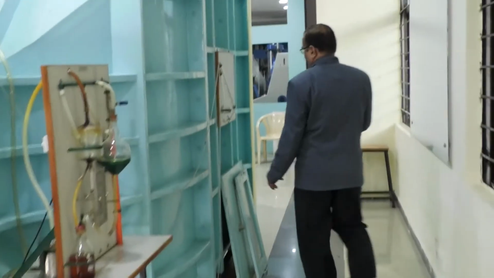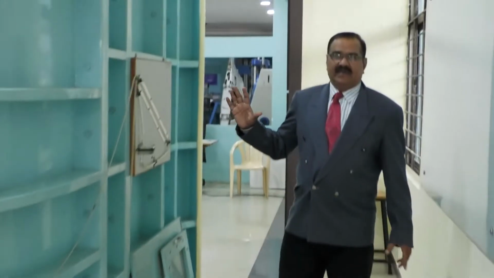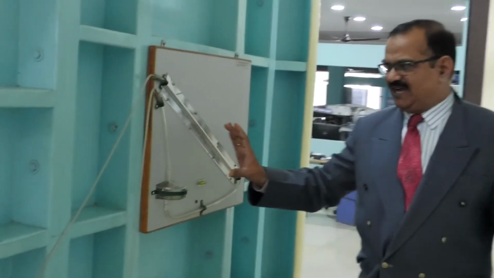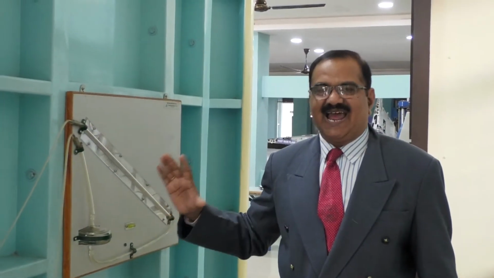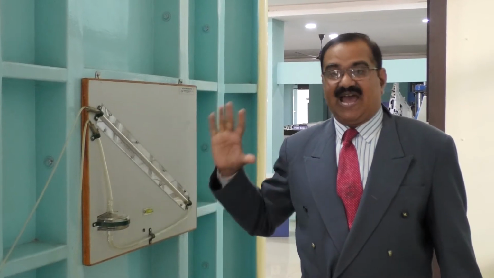And if you see here how to calibrate, here we have the inclined tube manometer. This inclined tube manometer is used to measure the velocity, and this velocity should be with respect to the RPM of the motor. Just now I explained how to set the motor RPM.